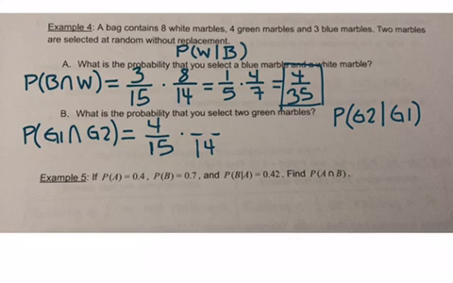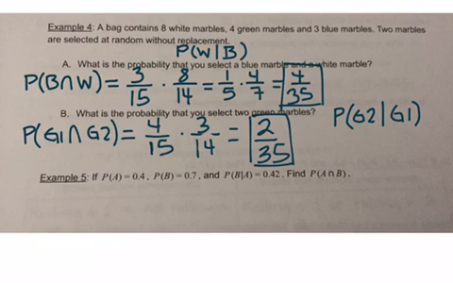I've already selected a green marble, so I no longer have 4 to choose from. I only have 3 green marbles to choose from. So if we use our calculator, we would get a probability of 2/35. That's what it would reduce to. 2/35.